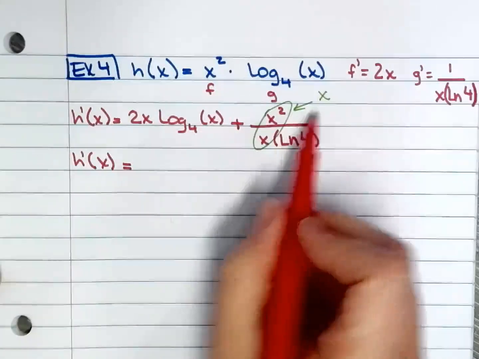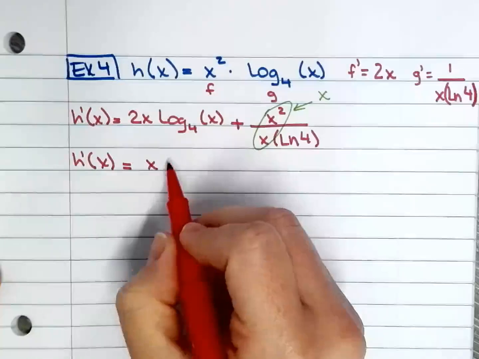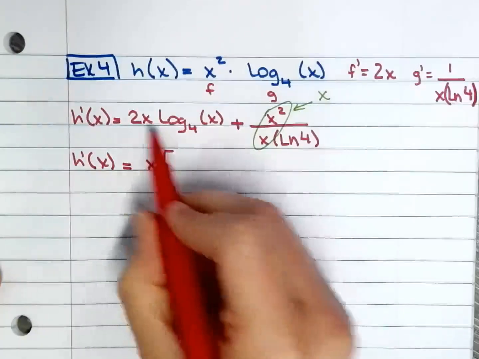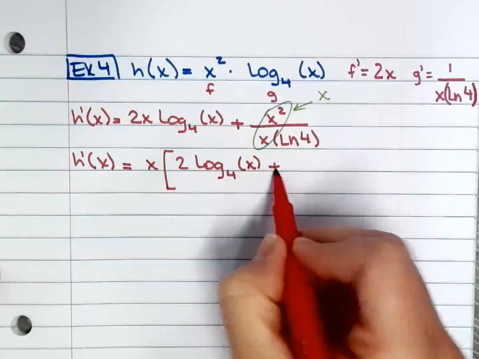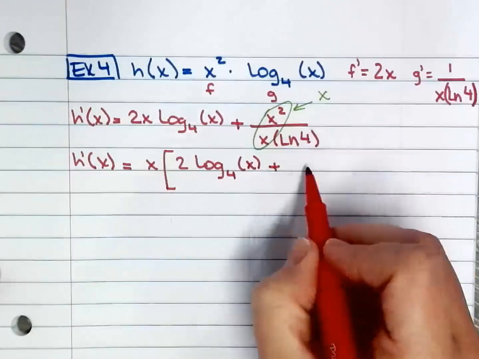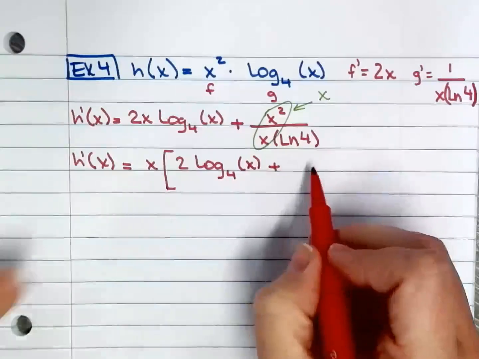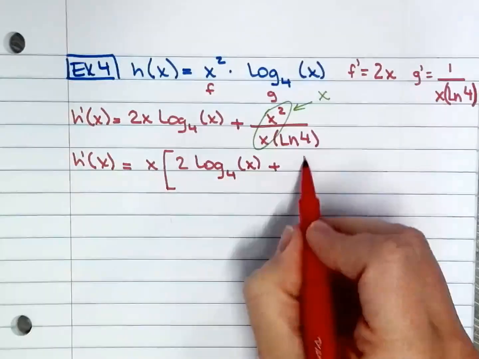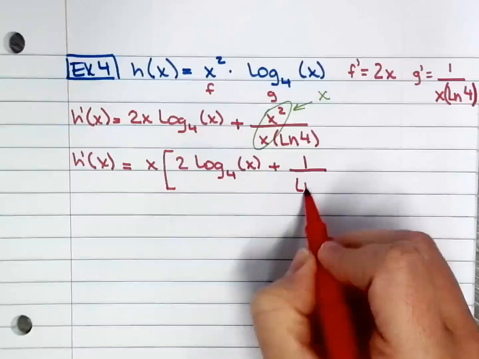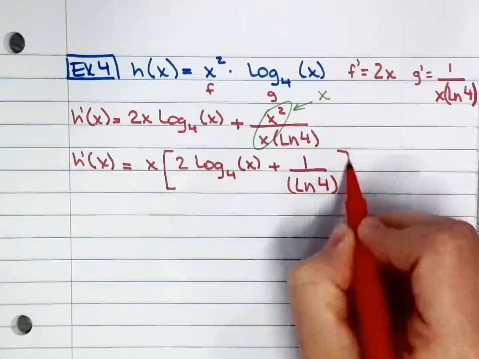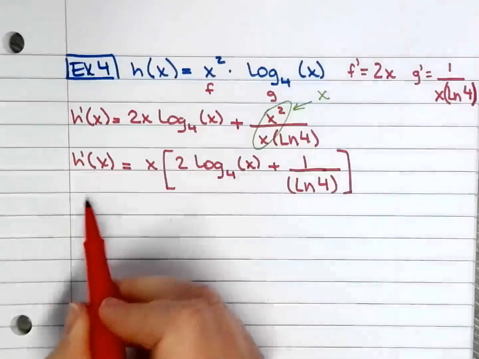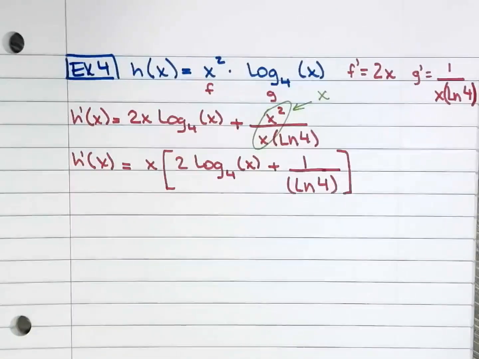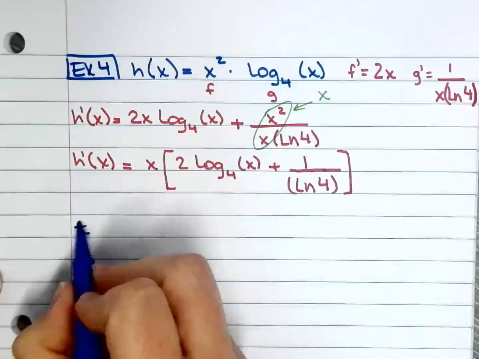Oh, let's factor out x, leaving us with 2 log base 4 of x, plus I have 1 left over on top, because x divided by x is 1 over natural log of 4. This is fully simplified. Let's do one more with a trig function, because trig functions usually get everybody.